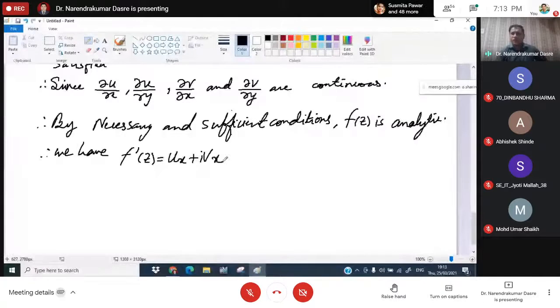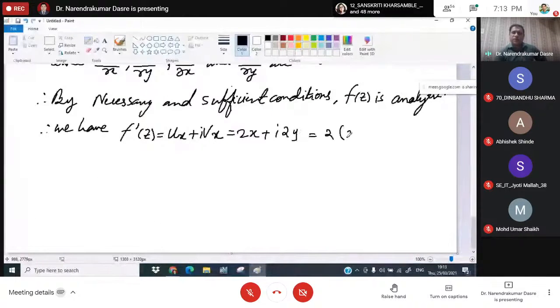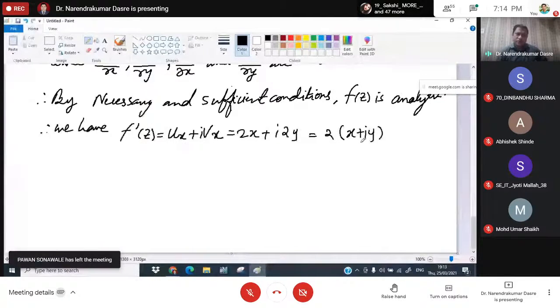What is the value of ux we have here? ux is equal to 2x, and vx is going to be 2y. So I can write this as 2x plus i times 2y. I can take 2 common, and I'll have x plus iy. But what is this x plus iy? It's going to be z. So I can say that f dash of z is equal to 2z.